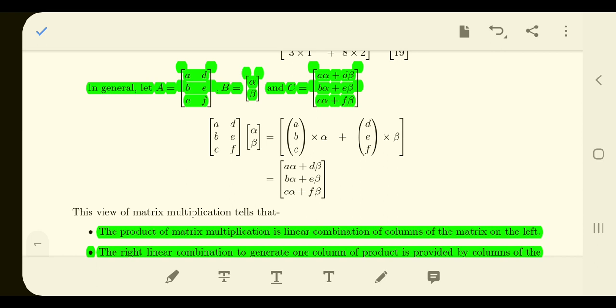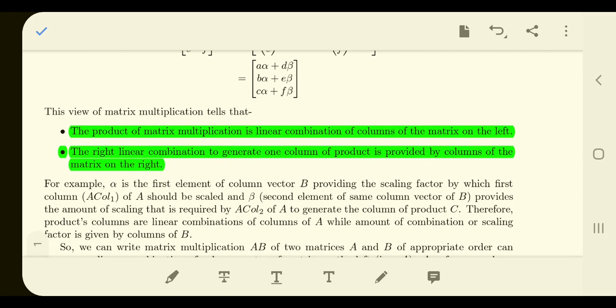So the product is a linear combination of columns of the matrix on the left, that is A, and the combination is given by the matrix B, the alphas and betas. By what amount you should scale is given by B, and what should be scaled is given by A. That is the basic idea of matrix multiplication.